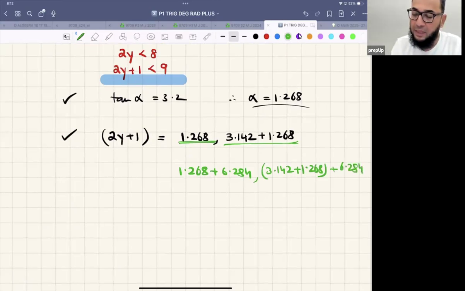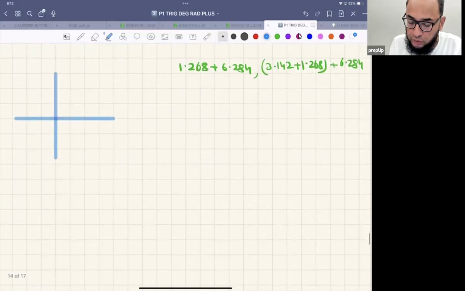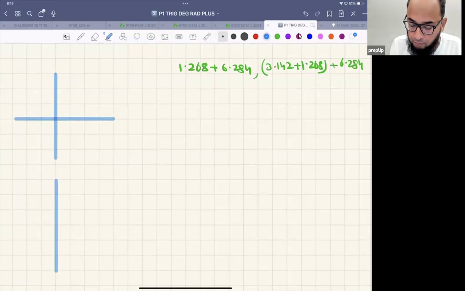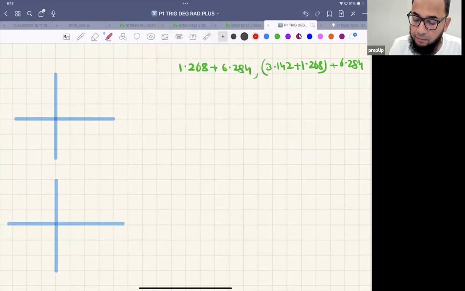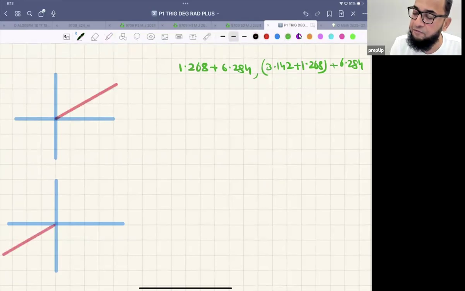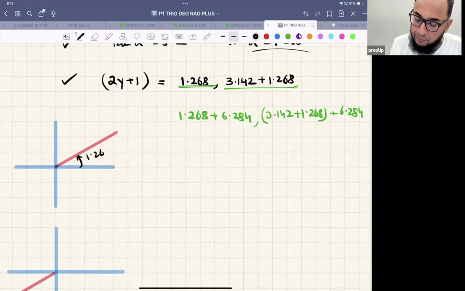Do you get the idea? Let me draw a sketch for you. Over here, let me draw 2 sketches. Okay, over here, if we draw this thing, that's the first quadrant, this is the third quadrant. In the first quadrant, we have 1.268.